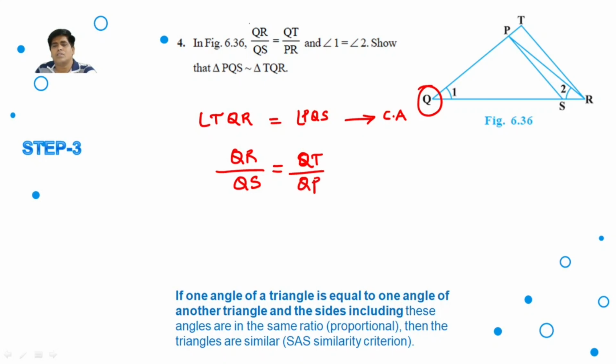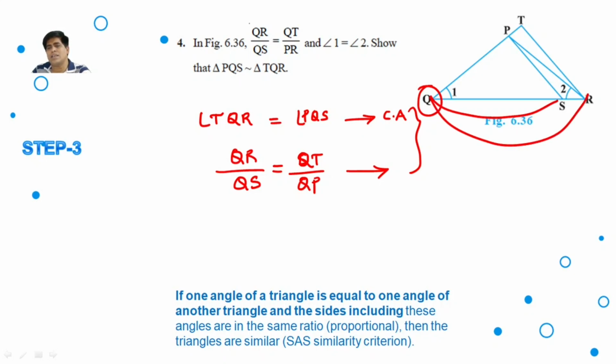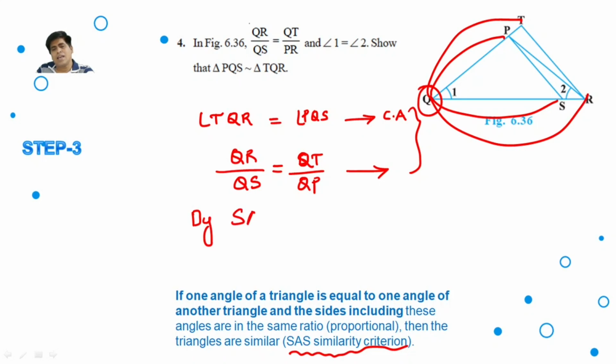If I combine these, one common angle is equal and the sides are proportional: QR by QS is equal to QT by QP. The sides are in proportion and one common angle is equal, that is angle Q. So clearly it is by SAS criteria.